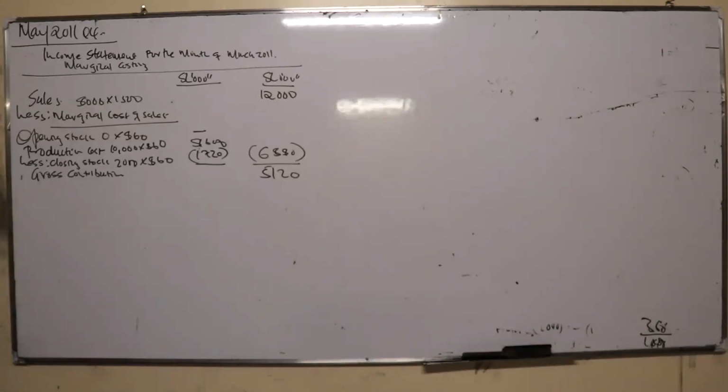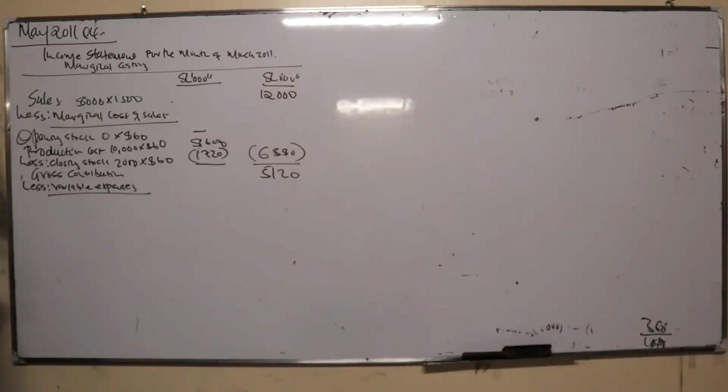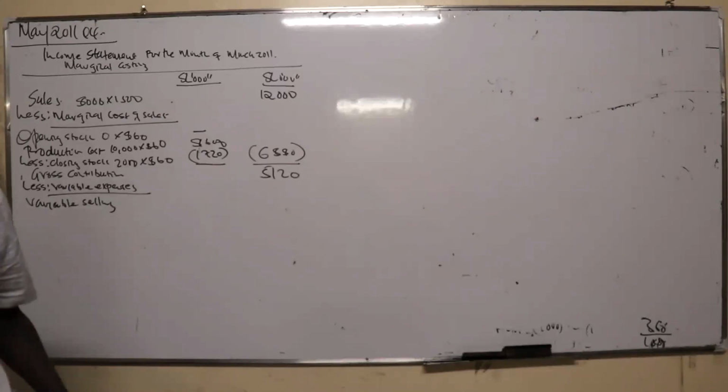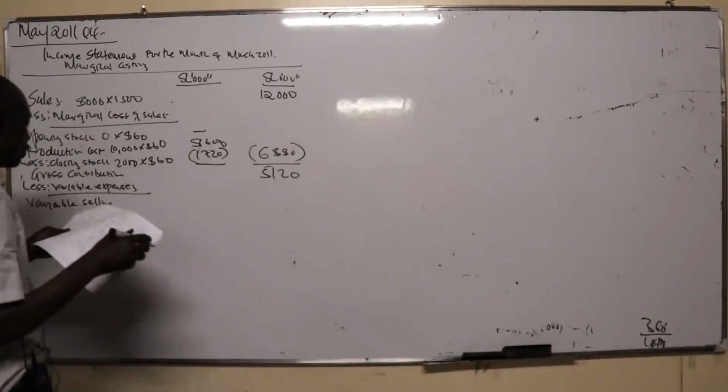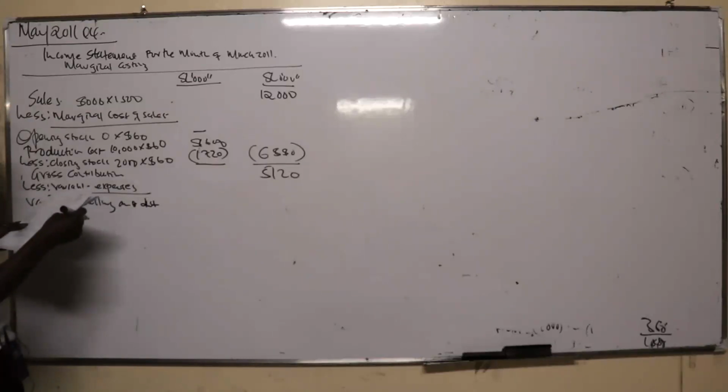And then you less variable expenses. We have variable selling and distribution expenses, which is 20% of sales, 600,000.